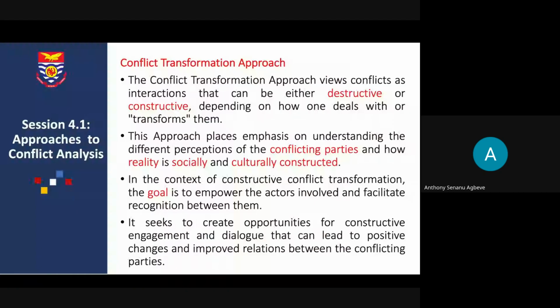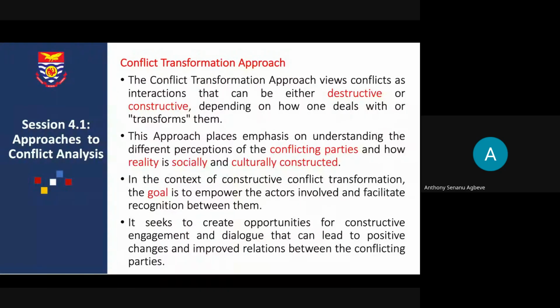When you transform it, it can either be constructive, which can lead to the growth and development of the people, or it can degenerate and become very destructive.